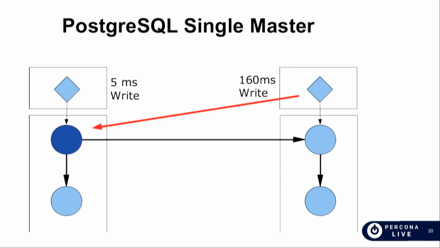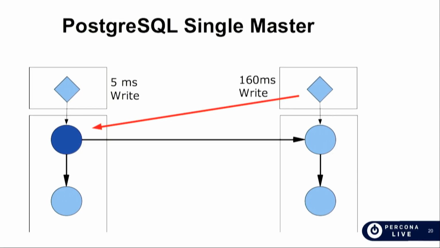There's also another aspect to distributed systems, and that's multi-master access between different databases. And what I'd like to talk about next is the use case that we have for a multi-master database. So if you imagine that we have two databases, one on the East Coast and one on the West Coast, then you'll be familiar with the idea that the ping time between East and West Coast is roughly 160 milliseconds.